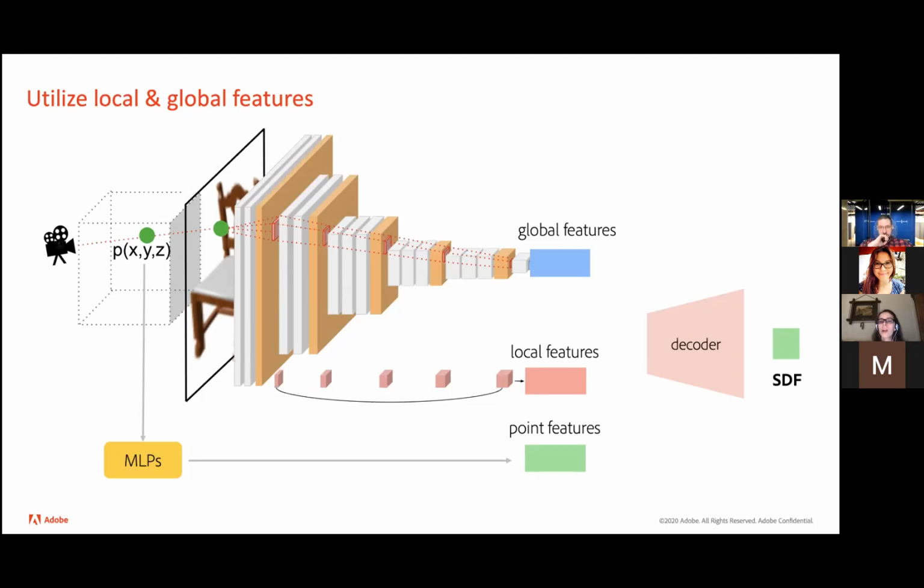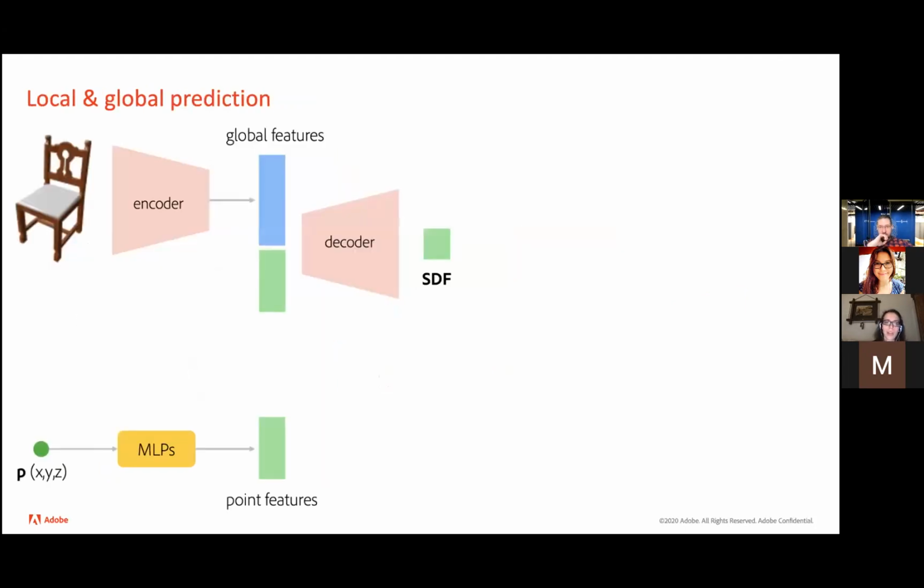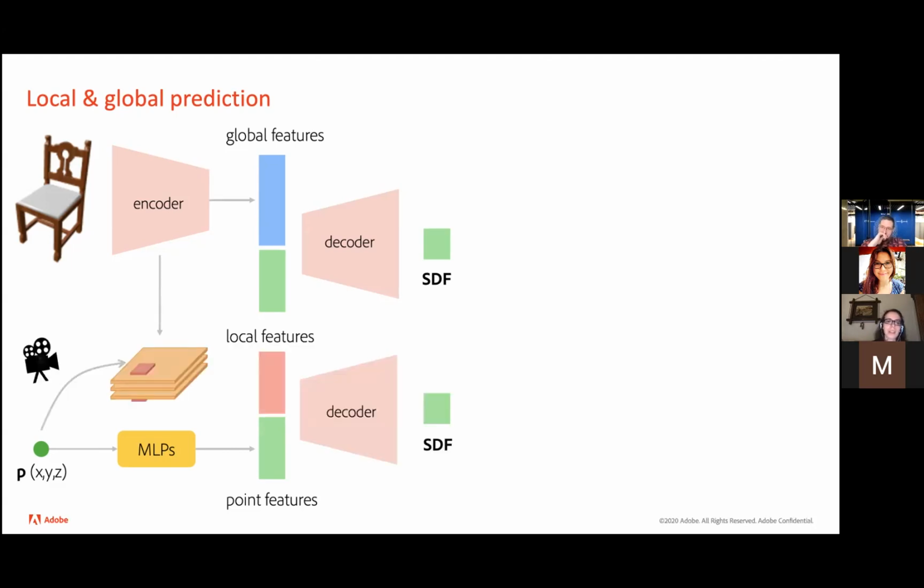Of course, one option is to provide all those features to a single decoder. What we did in this work was actually have two different decoders. One decoder is similar to what I described in the beginning. It takes the point features together with some global image features to predict the signed distance field.